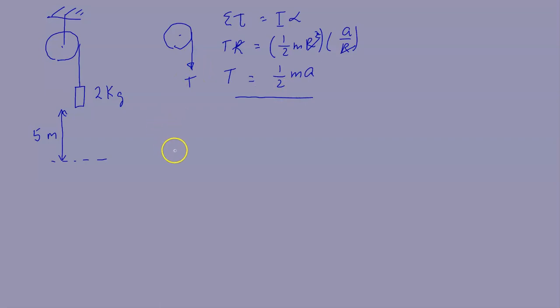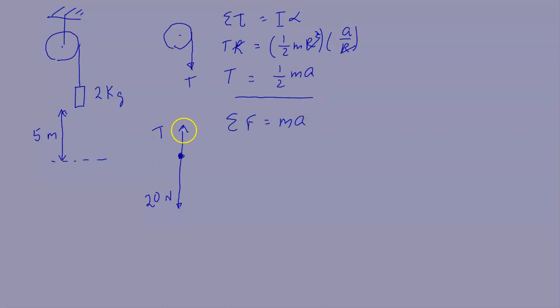We can also look at this mass down here that's falling. And we know that mass is going to accelerate, right? Yeah, we do. All right, so what we can say is the force of gravity is 20 newtons. And the force of tension right there is T. So we use a little bit of Newton's second law of motion. We can say that F equals ma.